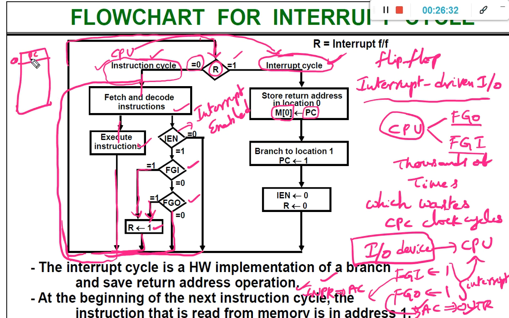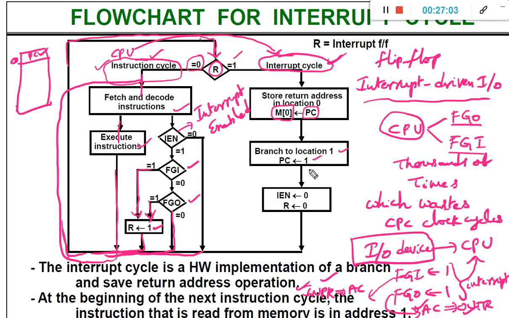Okay. So why are we storing the PC value here? Because after the execution of the interrupt cycle, we need to return to this particular address to continue the next instruction cycle. So after storing the content of PC to M of 0, now we are going to branch to location 1, because location 1 contains the instructions to execute the interrupt cycle.